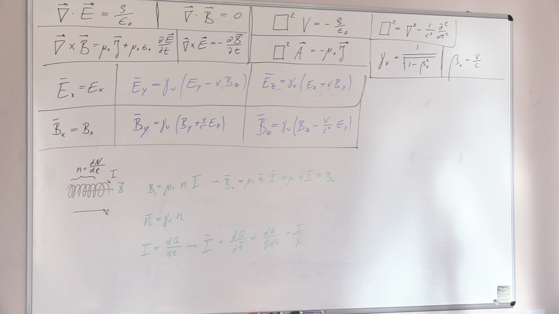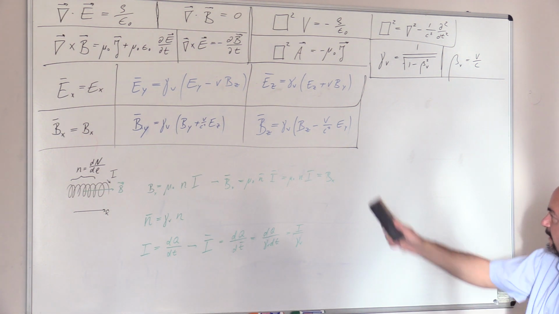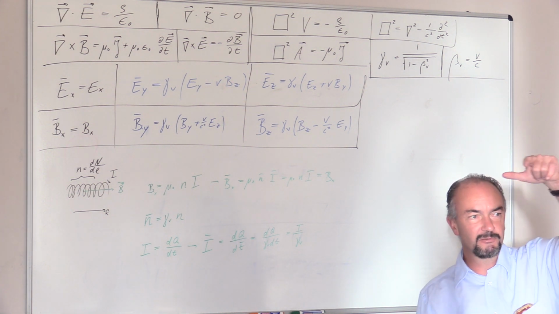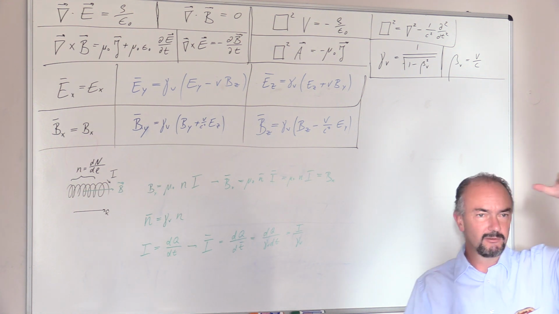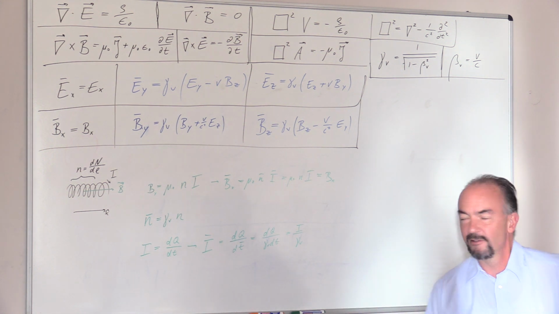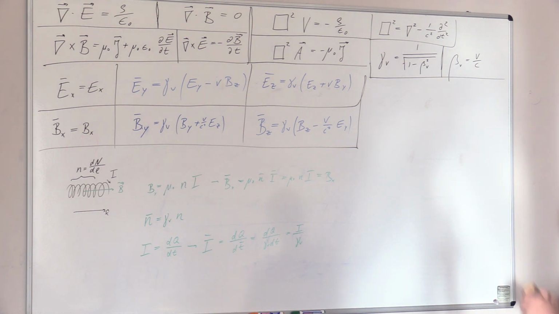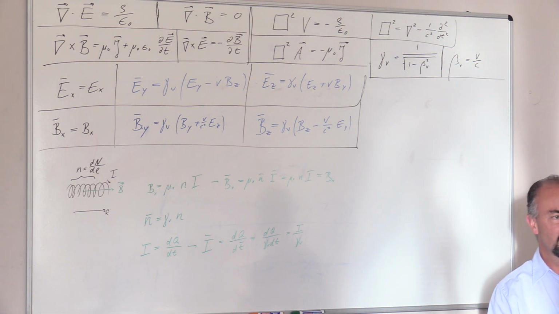So, what do you think? Can we simply make a 4-vector out of E and B and try and see if we can reproduce these Lorentz transformations?